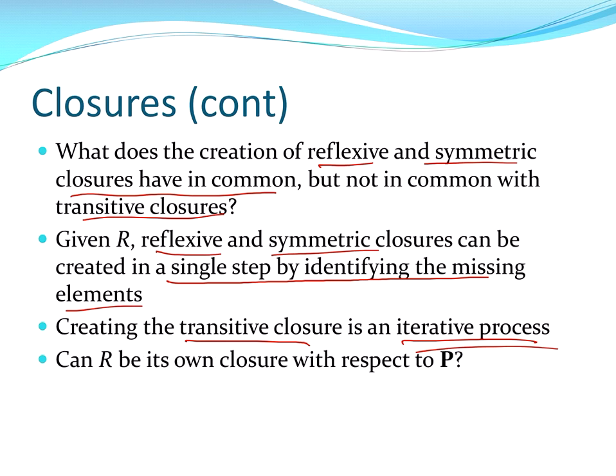Another question, can R be its own closure with respect to P? And the answer is yes. If it already has the property P, it is its own closure with respect to P. All right, and that's the discussion of reflexive, symmetric, and transitive closures, and we'll dig in a little bit more on transitive closures later.